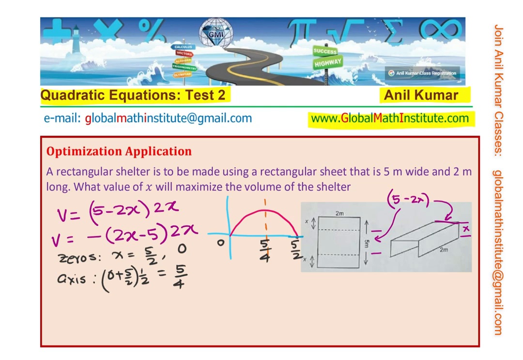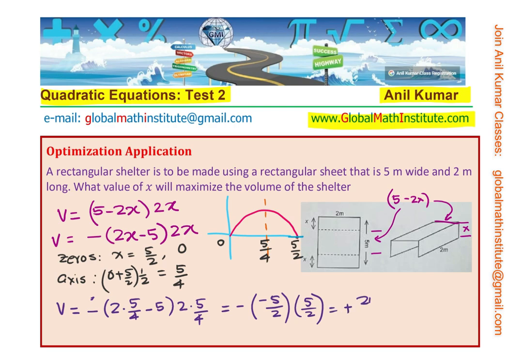So let me now substitute the values obtained to get the volume. We have volume as minus 2 times 5 by 4 take away 5 times 2 times 5 by 4, which is equal to minus of minus 5 by 2 times 5 by 2, correct? Minus and minus makes it plus, and we get this as 25 by 4.